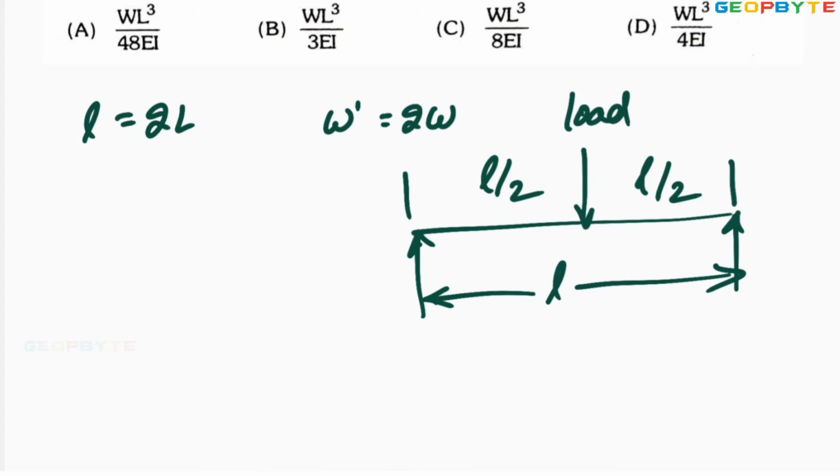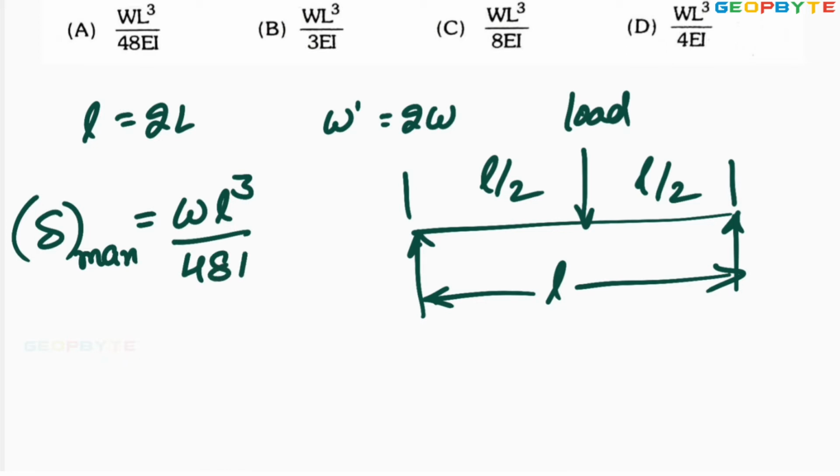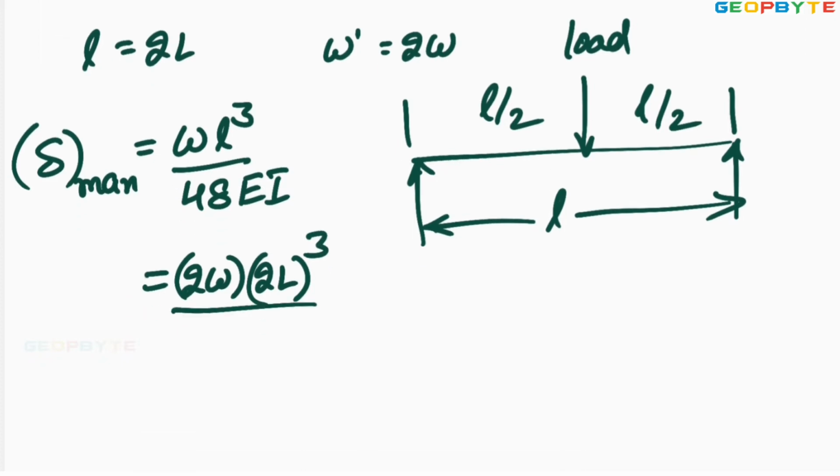Then the maximum deflection, delta maximum, is equal to WL cube by 48 EI. This is the standard formula to find the maximum deflection. But it is given that load is increased by twice. So W becomes 2W, L becomes 2L, 2L whole cube divided by 48 EI.